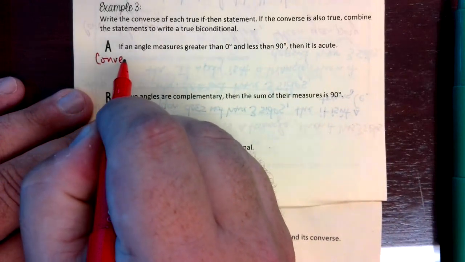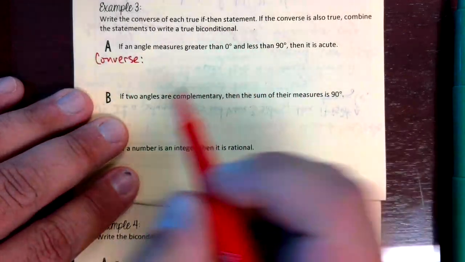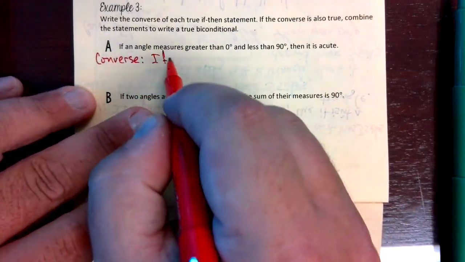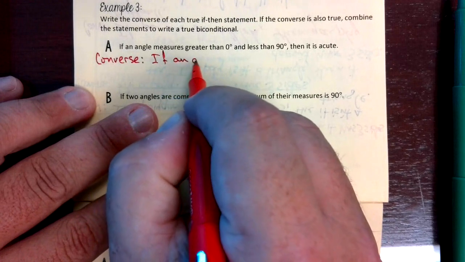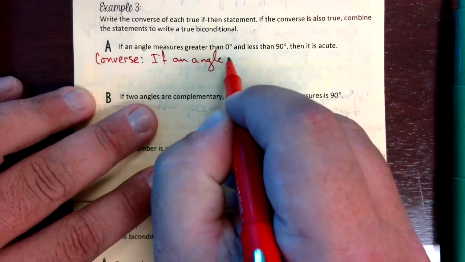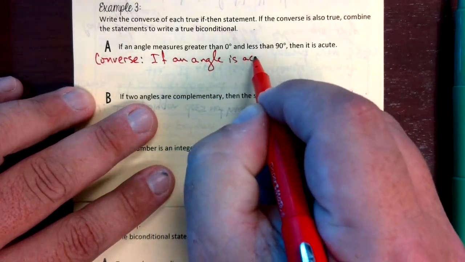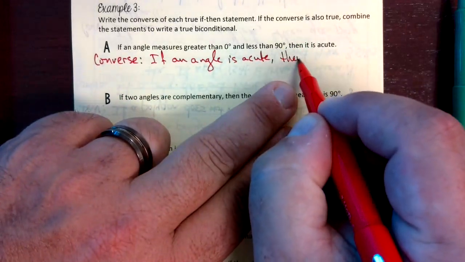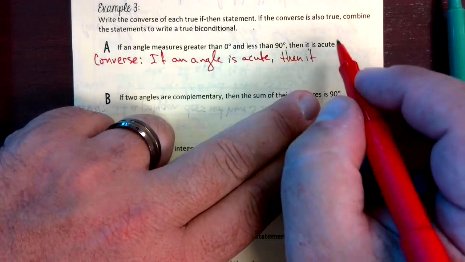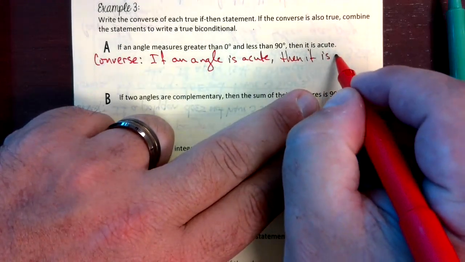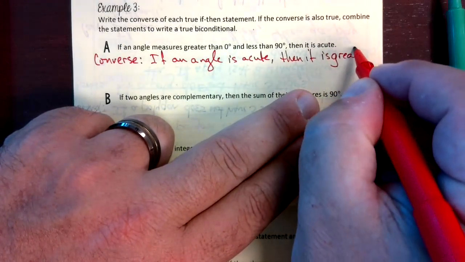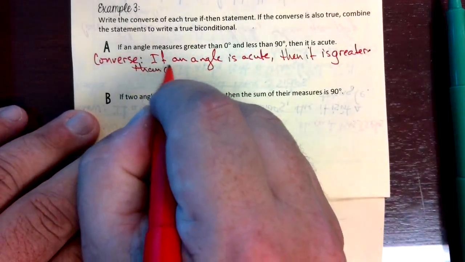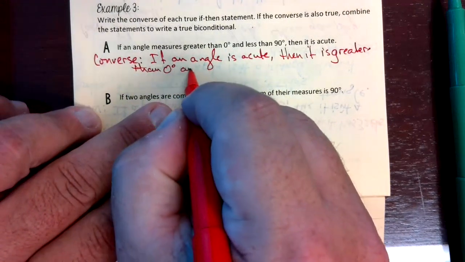The converse, remember, is if an angle is acute, then it is greater than 0 and less than 90.